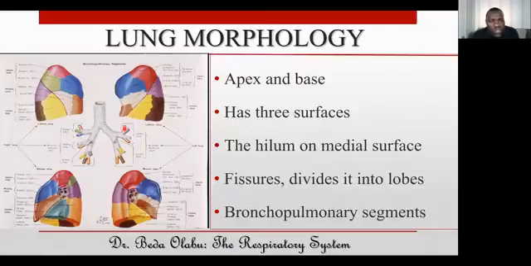We have a total of 10 bronchopulmonary segments on the right lung and a total of 8 on the left lung. These bronchopulmonary segments are all named, but that is not within your scope. Just know that there are a total of 10 on the right and a total of 8 on the left. Their specific names are not for your scope.